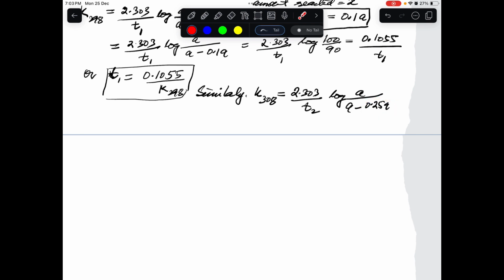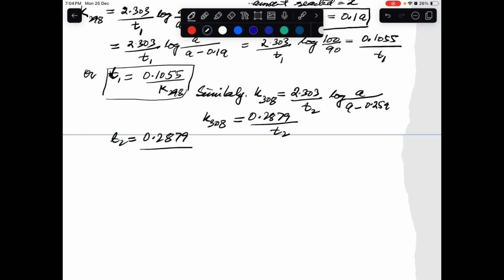That is the second condition given to us. And after simplification here, we will be getting K308 is equal to 0.2879 divided by T2. Okay. Or T2 is equal to 0.2879 divided by K308. This is the second value of time taken.